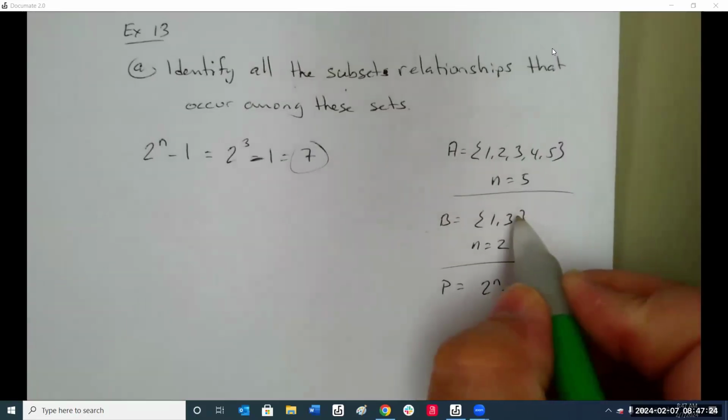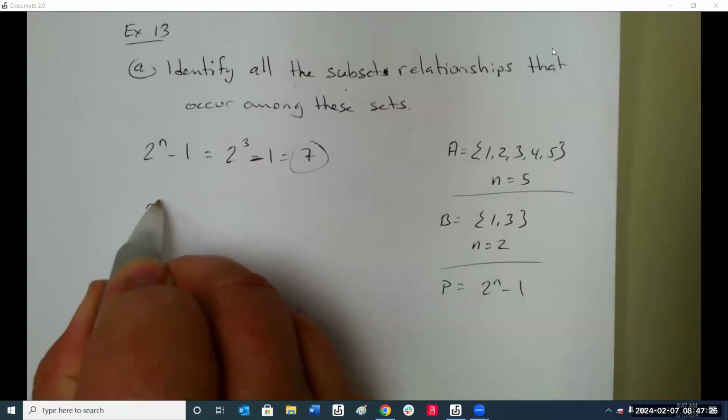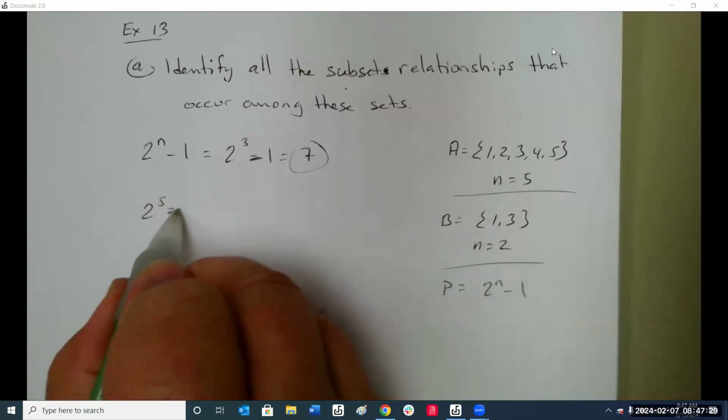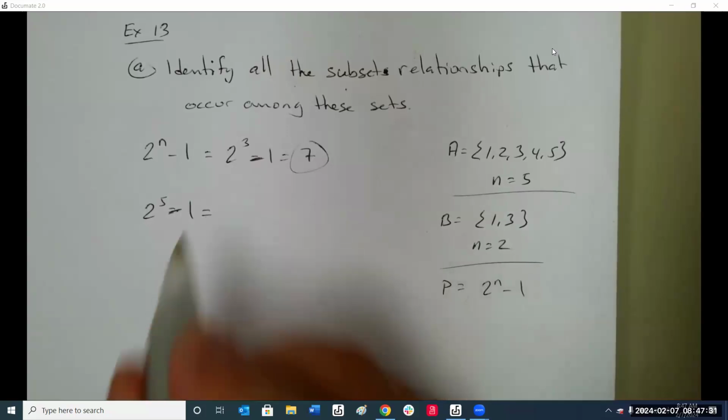So for 2 to the power 5 minus 1, 2 to the power 5 is what?